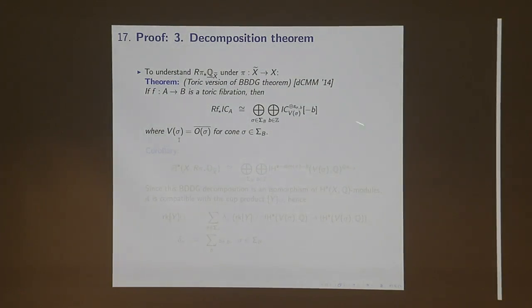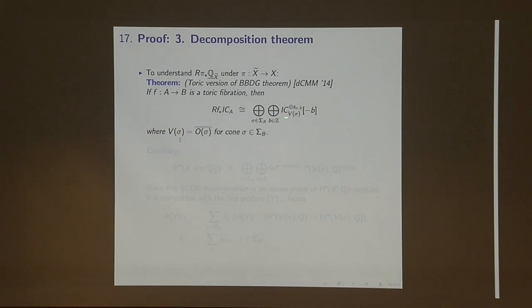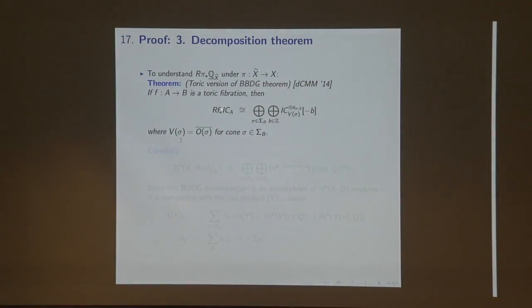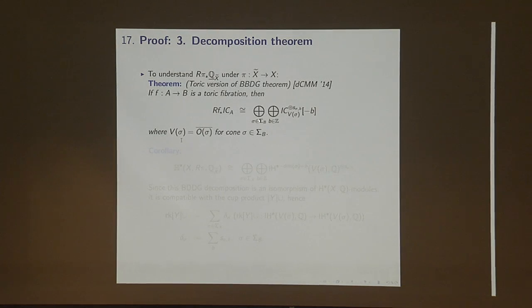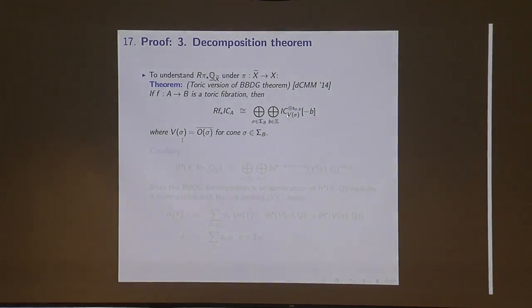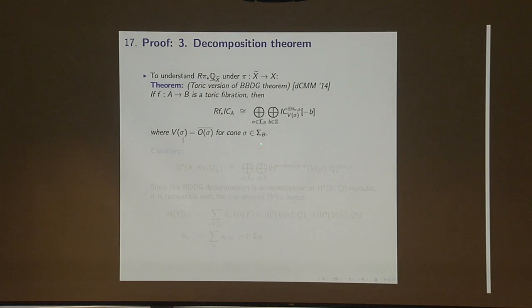So the statement of their theorem is the following: if f is a toric fibration, then the derived pushforward of the intersection complex on the domain can be decomposed in terms of intersection complexes of certain closed toric subvarieties of the target B.